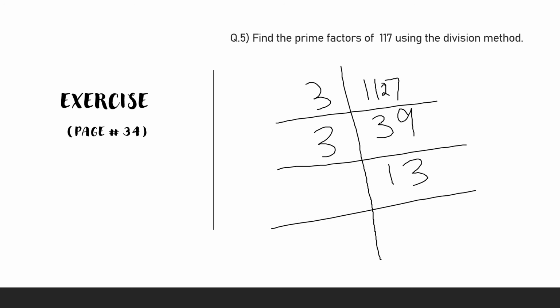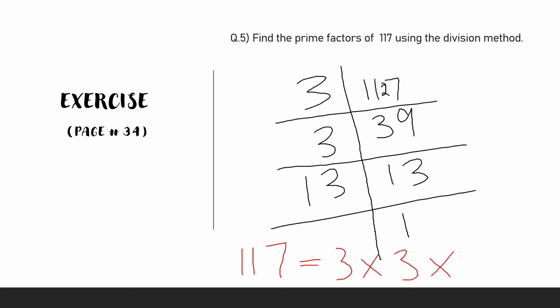Now we cannot do it with 3 again, because 13 is a prime number, so it can only be divided by 13 itself. 13 ones are 13. So here we get 3 prime numbers, 3, 3 and 13. So we can write the prime factors of 117 like this: 3, 3 and 13. So these are the prime factors of 117.